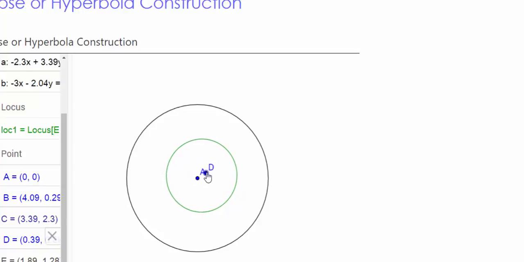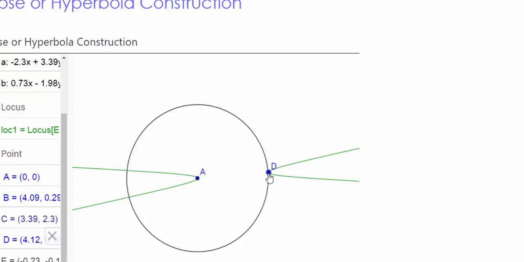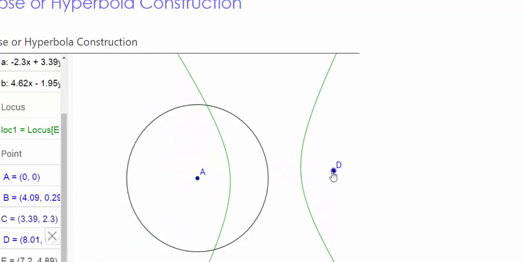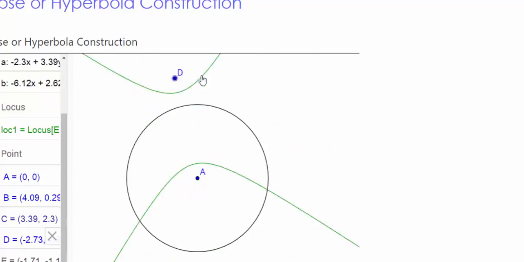If the focal point is off of the center, in between the center and the directrix, you have an ellipse. If the focal point is on the directrix, you have a line, which I can't do very well. And if it's outside of the circle directrix, it's a hyperbola.